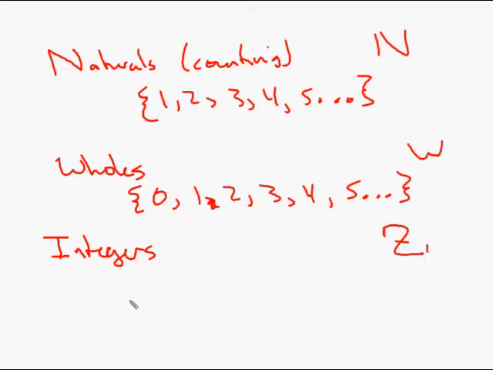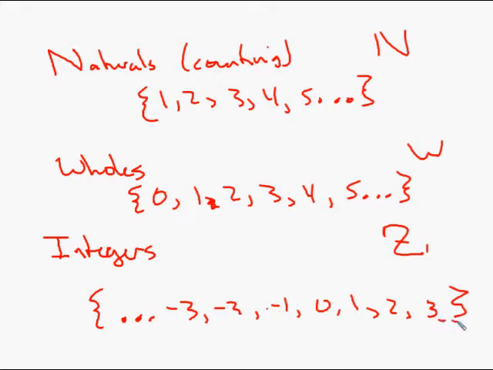But our integers are going to be positives and negatives. So we could go from negative infinity and it goes on. So those are integers. And then finally we'll just say we have the rationals, which is a Q. And that's anything that's a decimal or fraction, basically, for now.